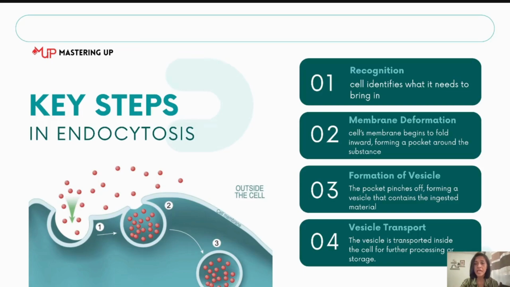Step 3, vesicle formation. The vesicle pinches off from the membrane, carrying the substance into the cell. And step 4 is fusion with lysosome if needed. The vesicle fuses with a lysosome for digestion or processing.